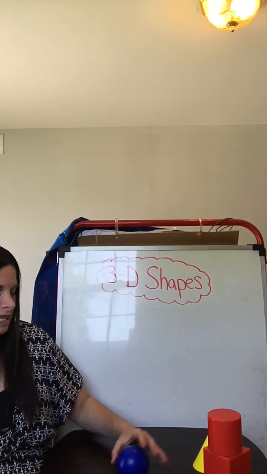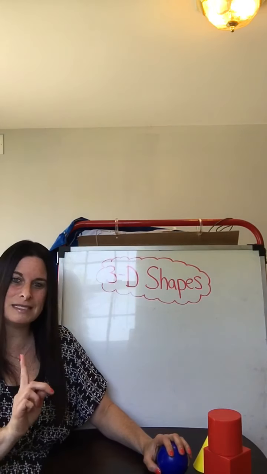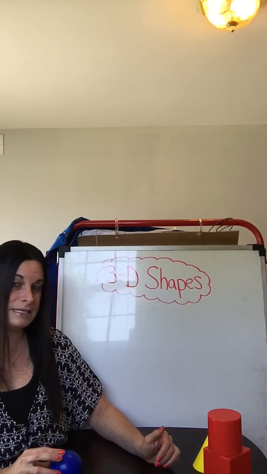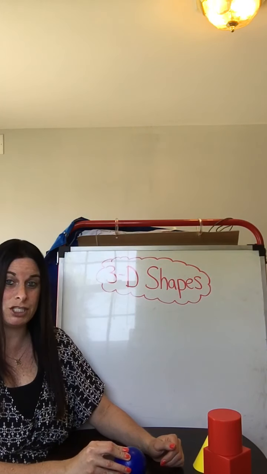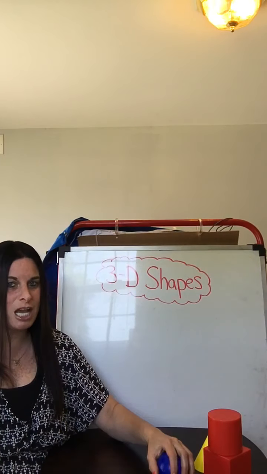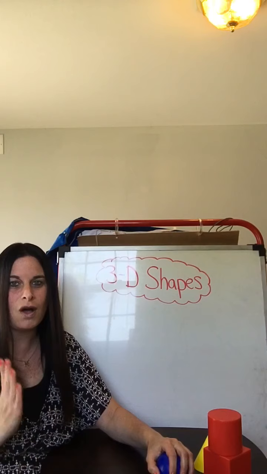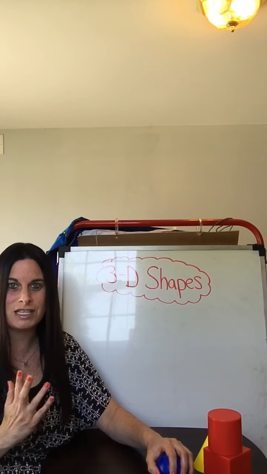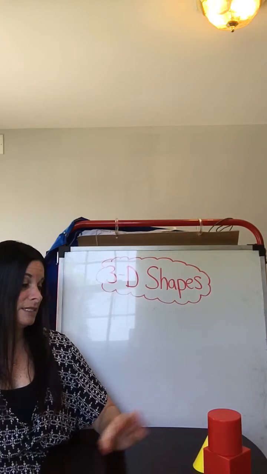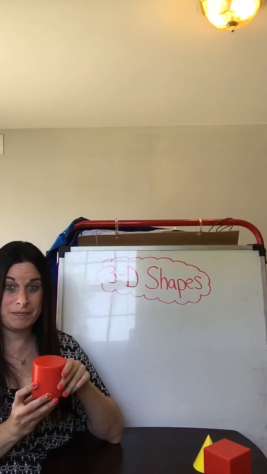How about sliding? Slide is a little different than a roll, right? Slide is more of a push. This shape, the sphere, just rolls because it is all the way around. It is just a round shape. Okay. How about let's do the cylinder?